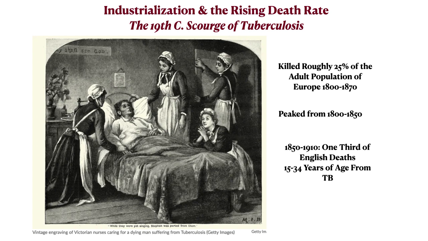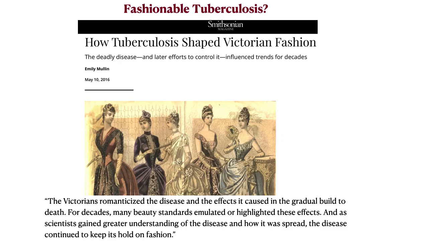I do want to just make a couple comments on tuberculosis and fashion. It's an interesting topic, and I have had some questions about demographic patterns and cultural processes. But there's been quite a bit of work by scholars on how tuberculosis shaped Victorian fashion.